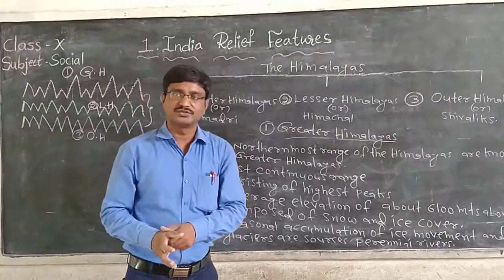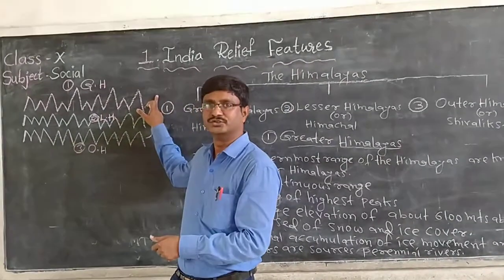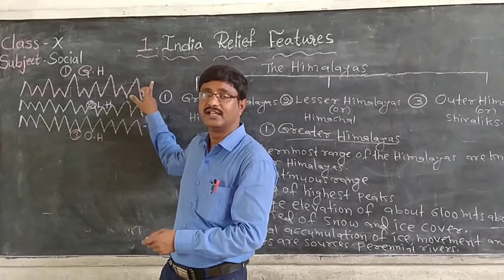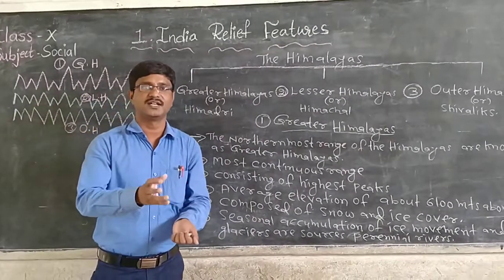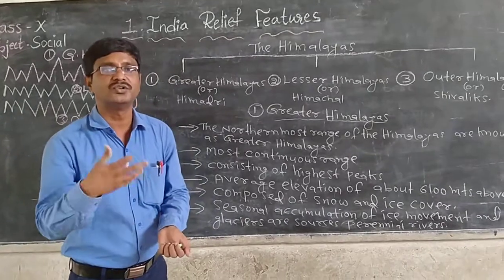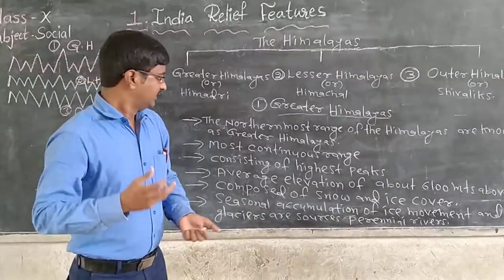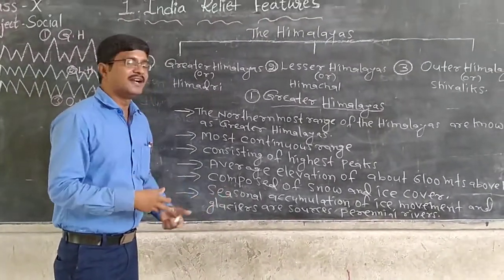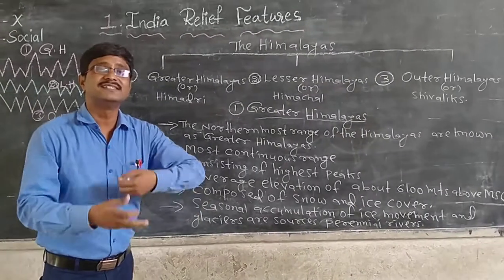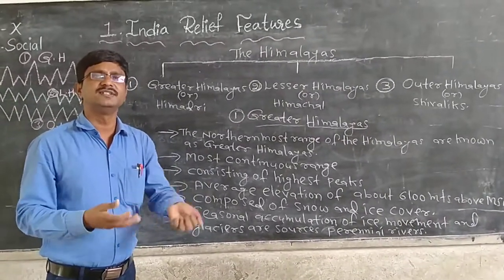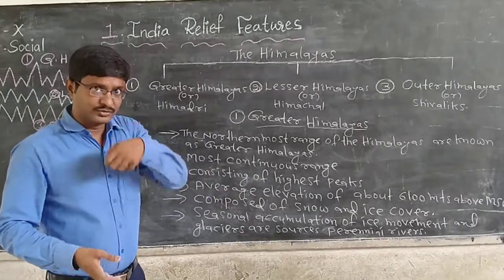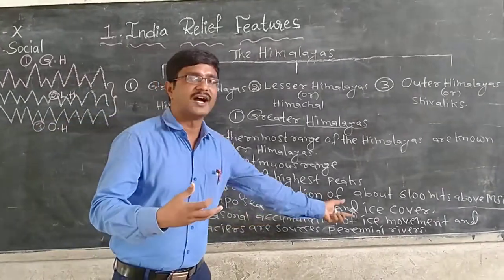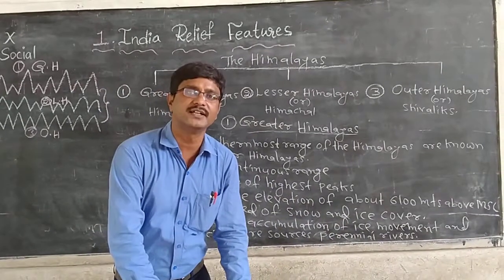How are these Himalayas composed? Do you know how they are composed? They are composed of snow and ice. Because of the seasonal accumulation, in every season snow always appears there. Because of the seasonal accumulation of ice, what will be formed there?